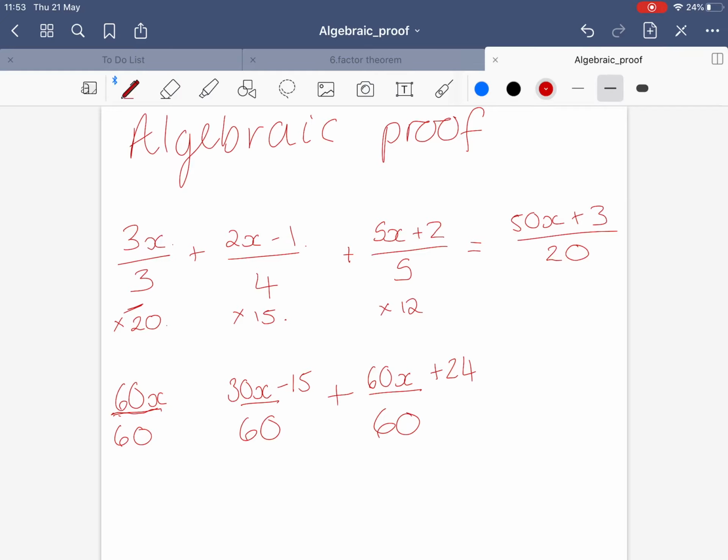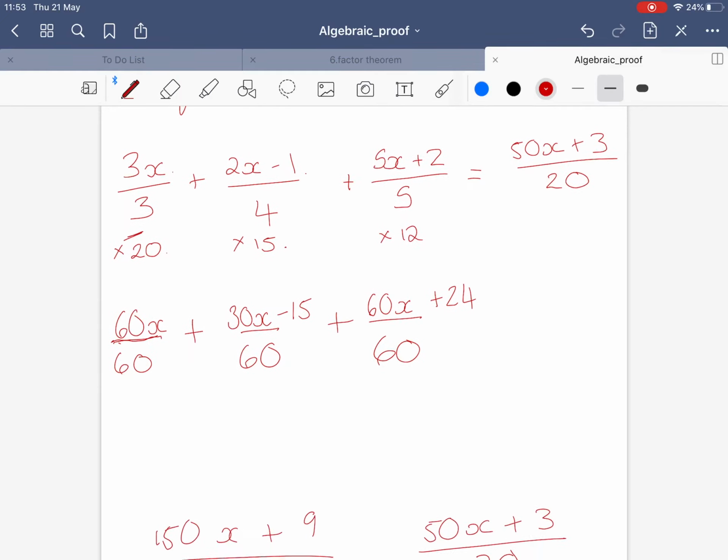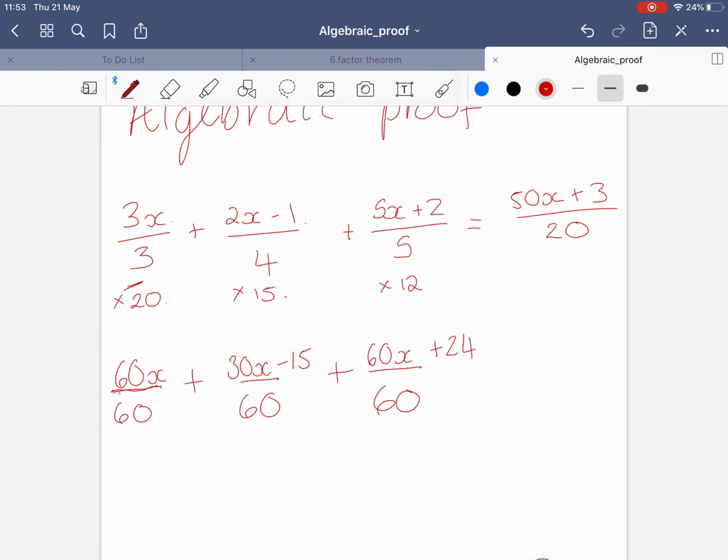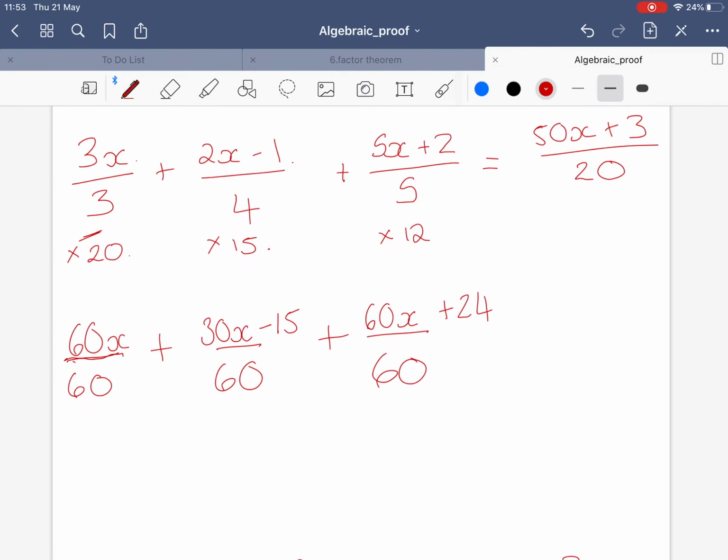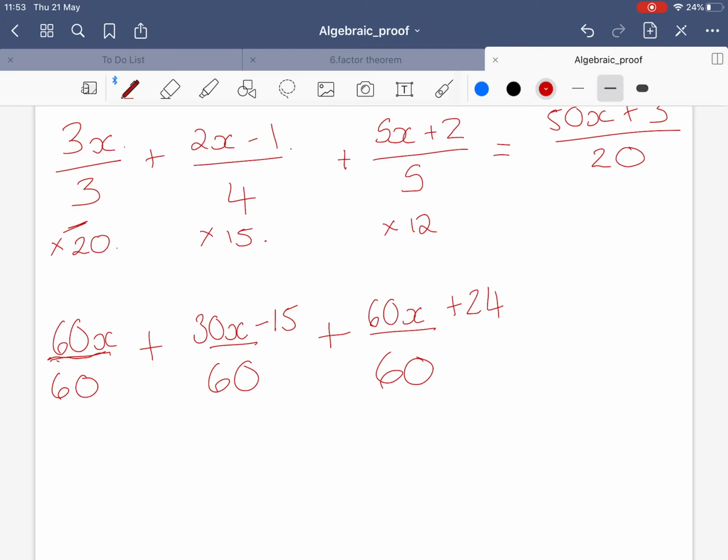These are all adding, so this is a pretty straightforward one. Now we just need to add the tops, so I'm going to write them in a straight line. We've got the top numbers as 60x, adding 30x minus 15, careful when you come to negatives, adding 60x plus 24, and because the denominators are the same, we can write them all over 60.